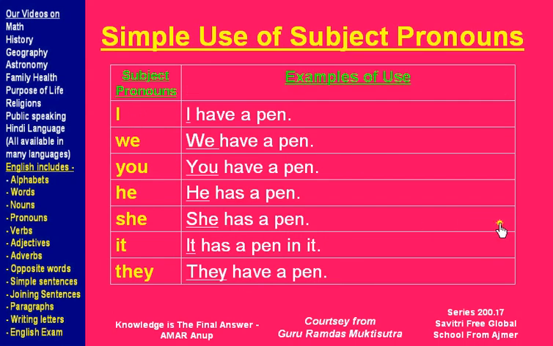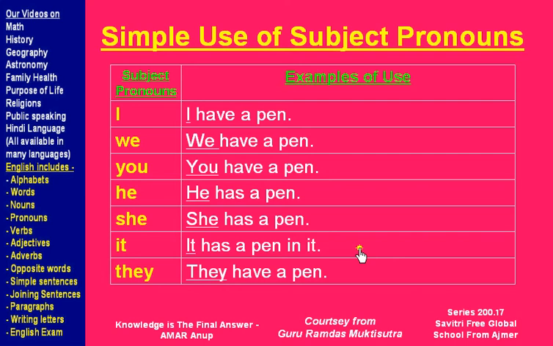Here are some examples of use. Repeat after me. I have a pen. We have a pen. You have a pen. He has a pen. She has a pen.